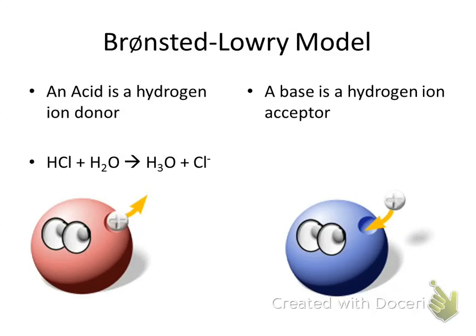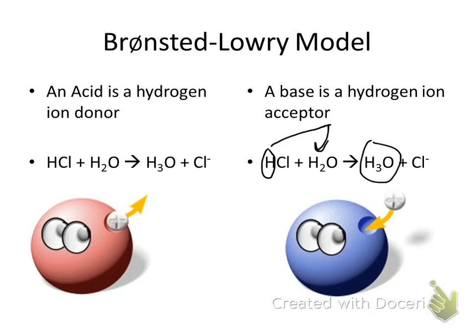The acid's going to throw the proton. Whoever catches it is going to be characterized as the base. So in the same example here, if we look at where this proton went, we'll see it went to the water, because we see it on this side here as H3O. So in this case, HCl is acting as the acid, and water here is acting as the base.